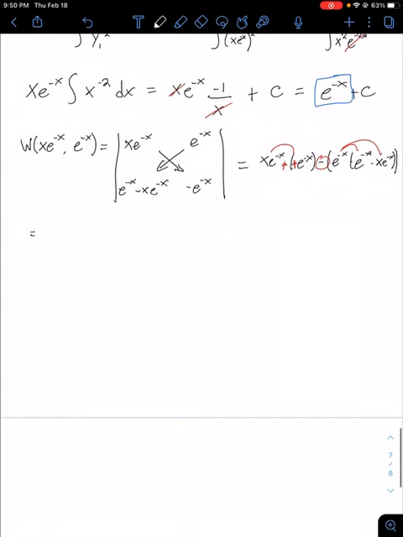Those two negative signs cancel. So x times e to the minus x times e to the minus x, those two are going to add together, so it's going to be e to the minus 2x. And then we have minus, and let's put this in parentheses, e to the minus x times e to the minus x is going to be e to the minus 2x minus x times e to the minus 2x.